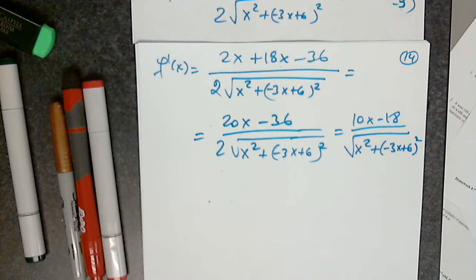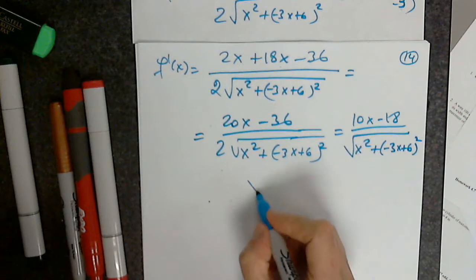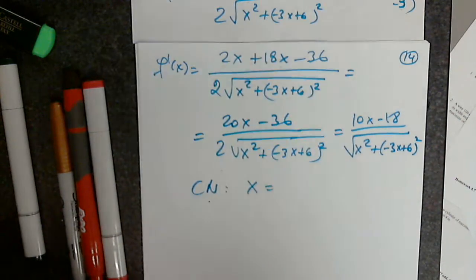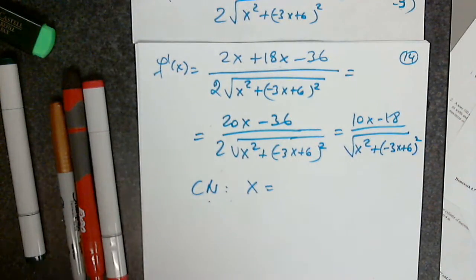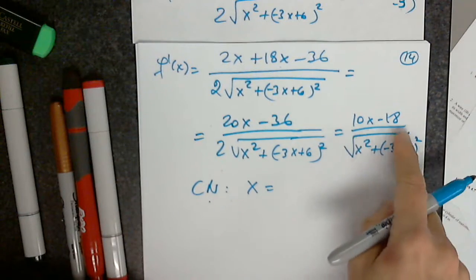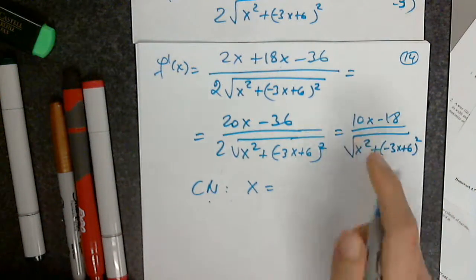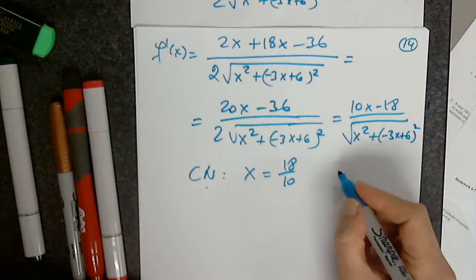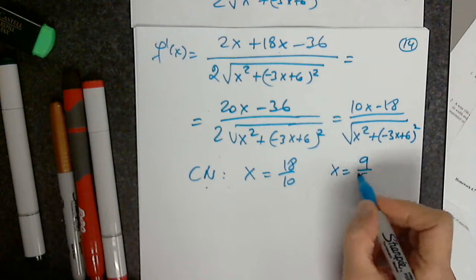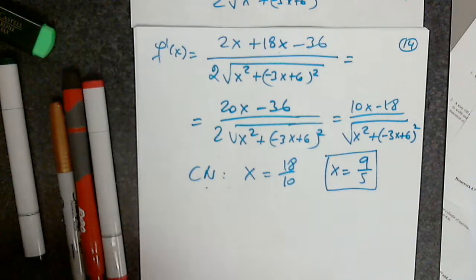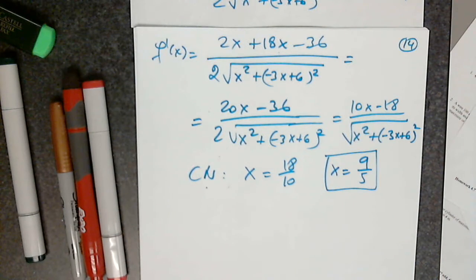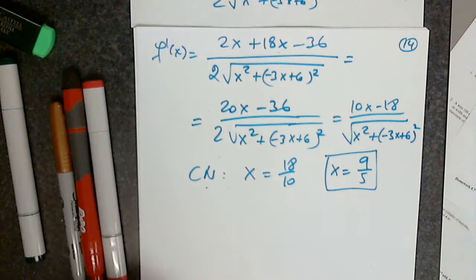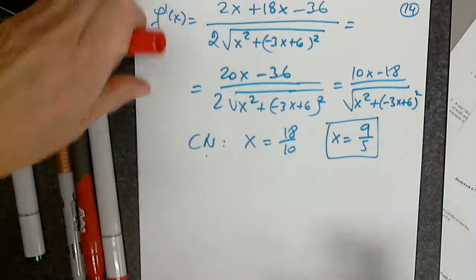Okay, therefore, what is the critical number? So 10x minus 18 equals 0 means x equals 18 divided by 10. I will simplify by 2. So x equals 9/5. I have no idea what 9/5 is going to give me.